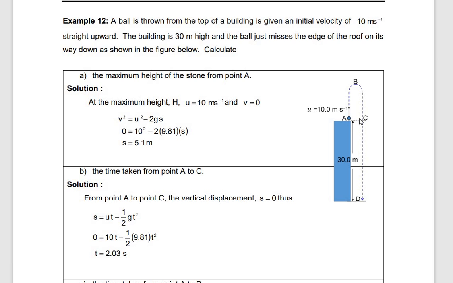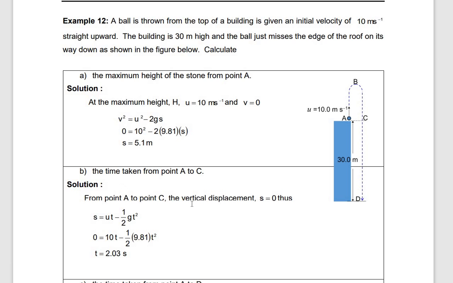Dia akan capai balik tempat dia punya initial point when it comes to C. So, bila dia capai balik the initial point dia, so dekat sini, you punya S akan jadi kosong. Atas A sampai B 5.1, B sampai C negatif 5.1 sebab dia turun ke bawah. Displacement will take the consideration of the direction. Okay. So, bila C sampai sini, S dia kosong. So, ni yang kita kena tahu.